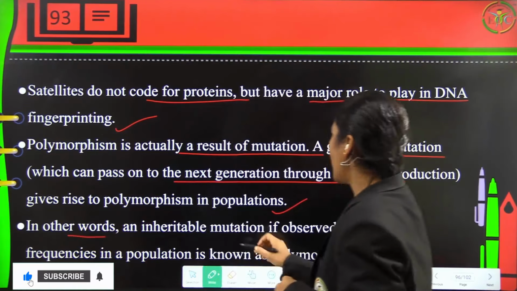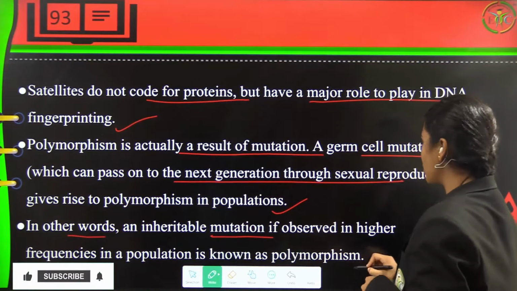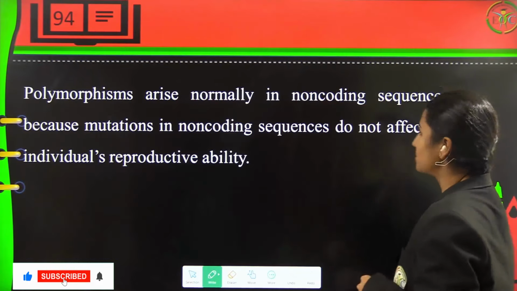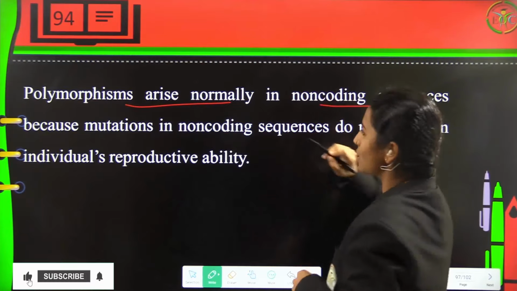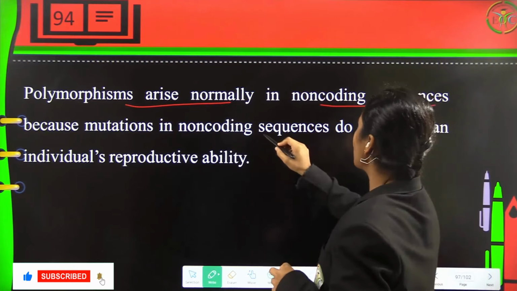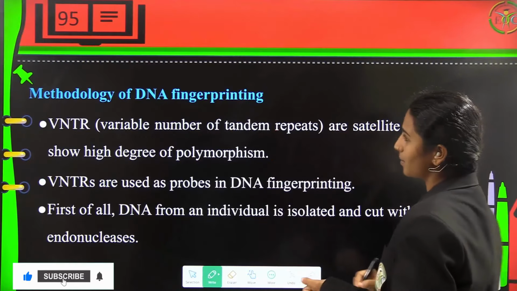In other words, an inheritable mutation observed in high frequency in a population is known as polymorphism. Polymorphism arises normally in non-coding sequences because mutations in non-coding sequences will not affect an individual's reproductive ability.